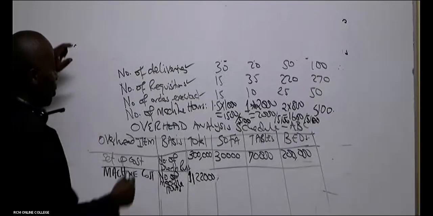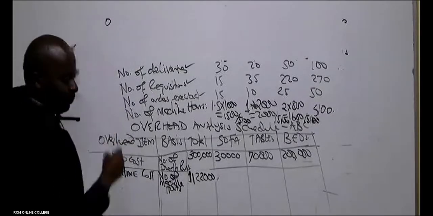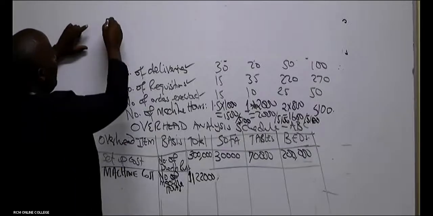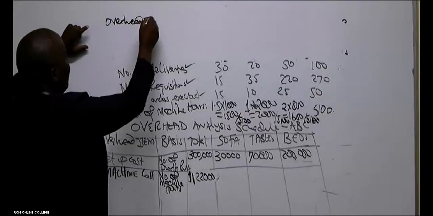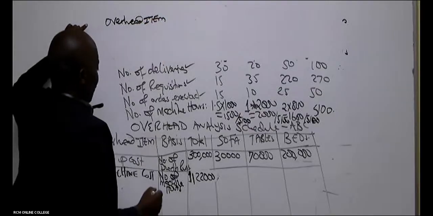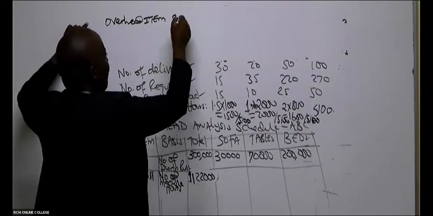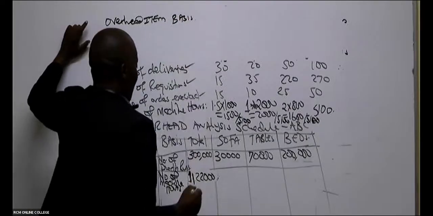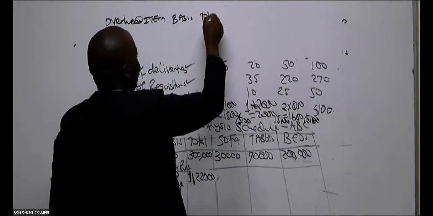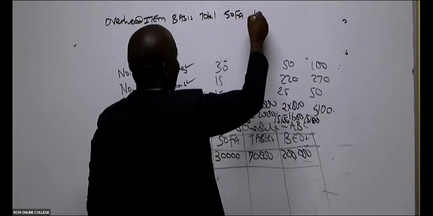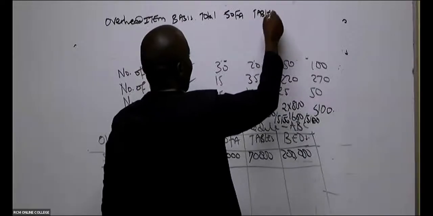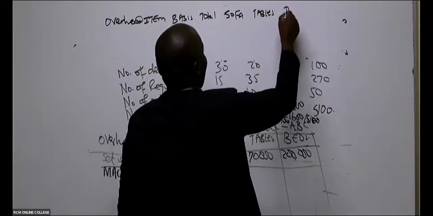Great. So we have here overhead item, we have basis, we have total. So far, we have tables, we have beds.